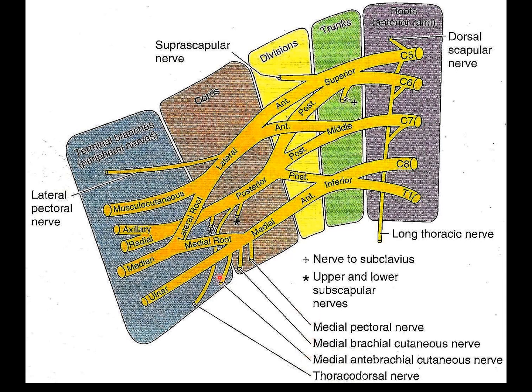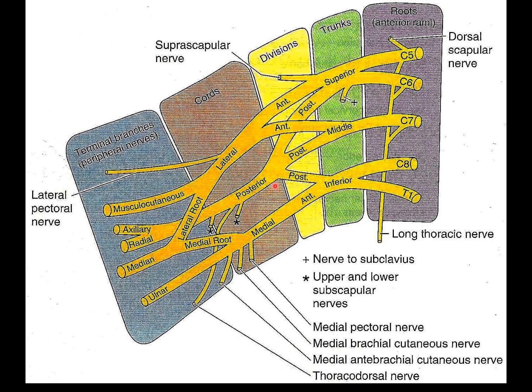The fourth nerve is the medial root of median nerve, and the fifth is the ulnar nerve. These are the five terminal branches of the medial cord.